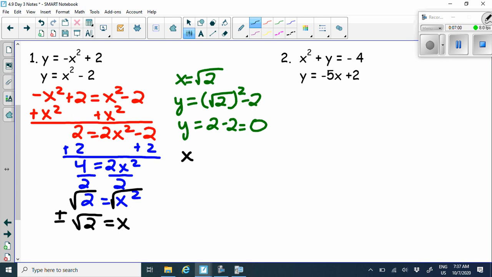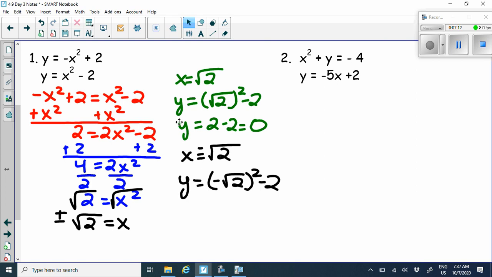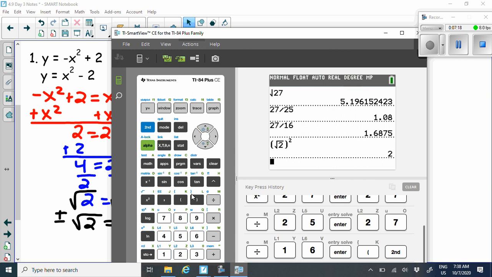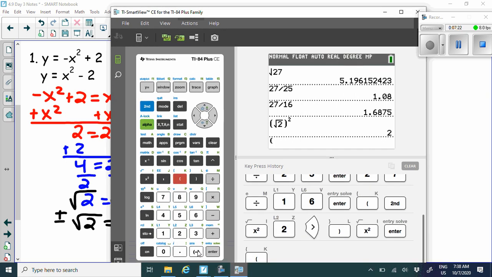So now we have to do x equals negative square root of 2. So I do the same thing, parentheses, negative square root of 2 squared minus 2. So make sure that negative is outside of the square root. So how are you going to plug it in? You do parentheses, do the negative sign first, then do square root, okay?